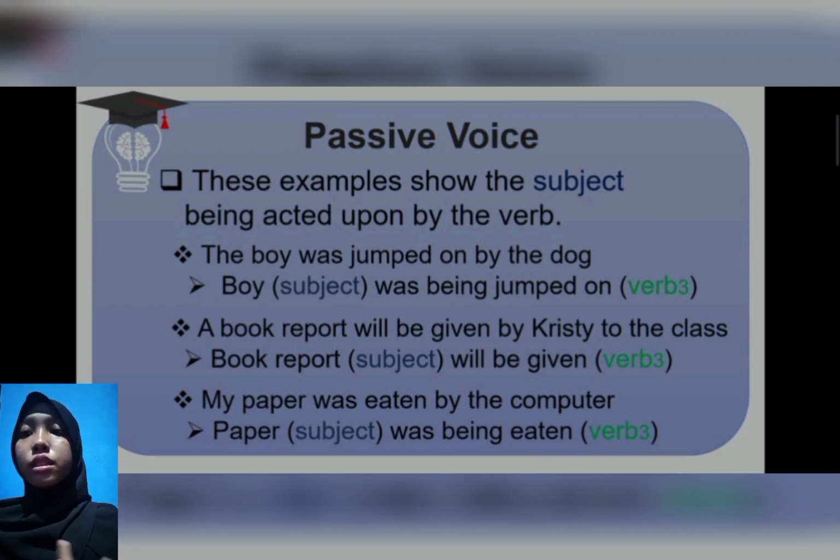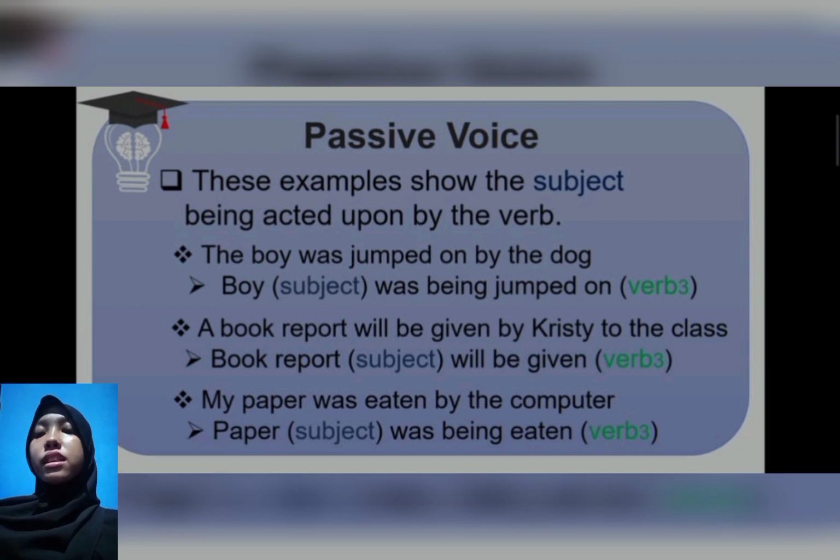1. The boy was jumped on by the dog. Boy is the subject, was jumped on, verb 3. 2. A book report will be given by Christy to the class.